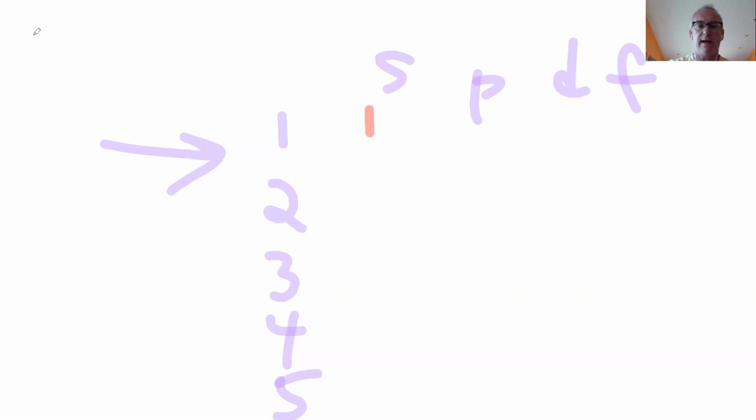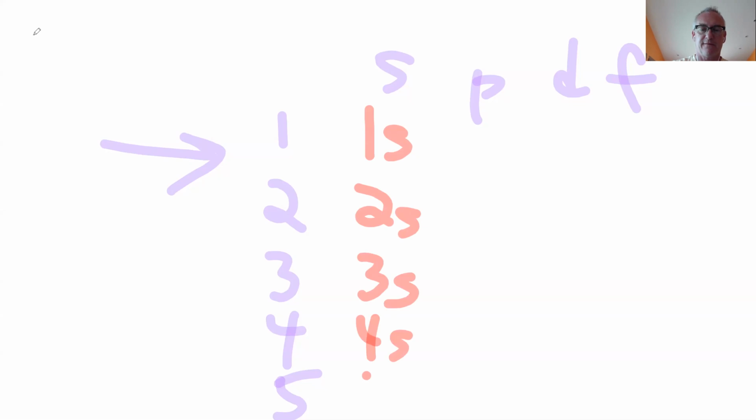All right, so I have my 1s, then I have my 2s, 3s, 4s, 5s. Now, the first shell doesn't have a p, so then move down. 2p, and there's no d, so I move down to 3. Remember, every time we add a new shell, we add a new subshell as well, because it's further away from the nucleus.